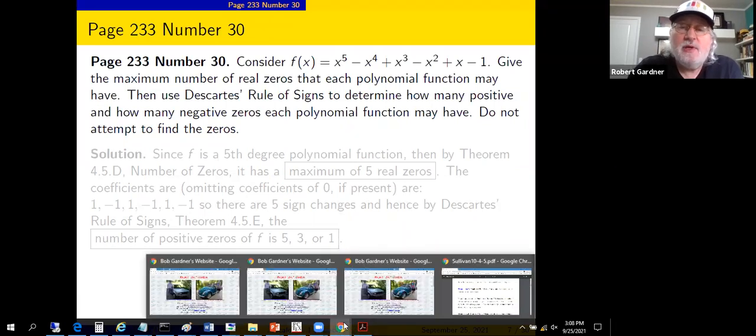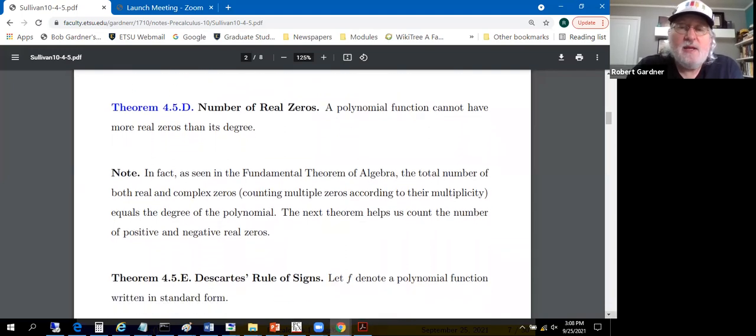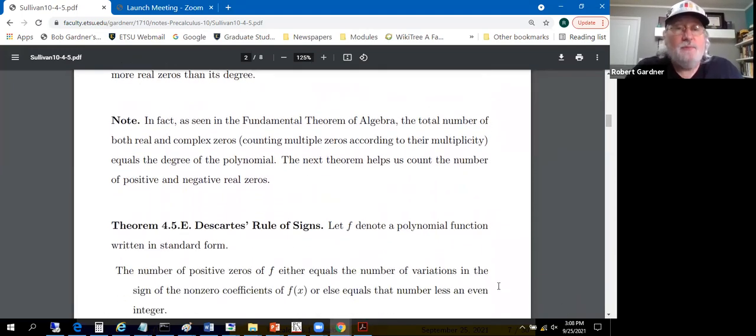Oops, let's return to the notes. And a statement about the fundamental theorem of algebra. As we'll see in the fundamental theorem of algebra, in the next section, the total number of real and complex zeros, counting multiple zeros according to their multiplicity, it's a little trick on how the counting is done, equals the degree of the polynomial.